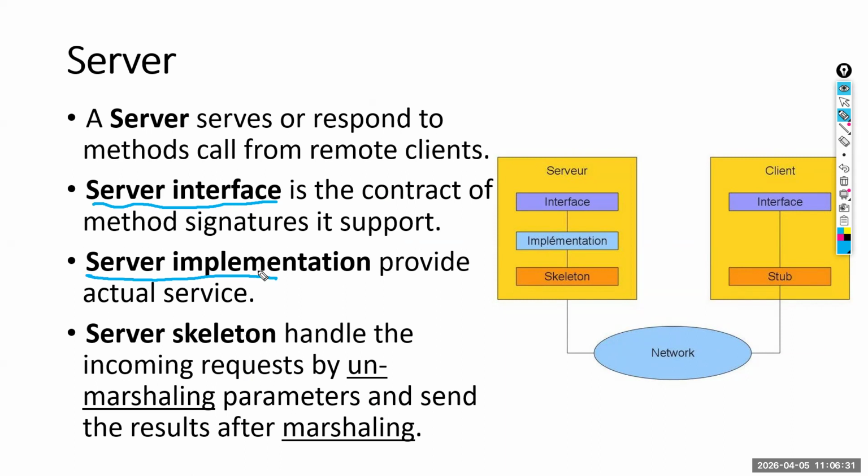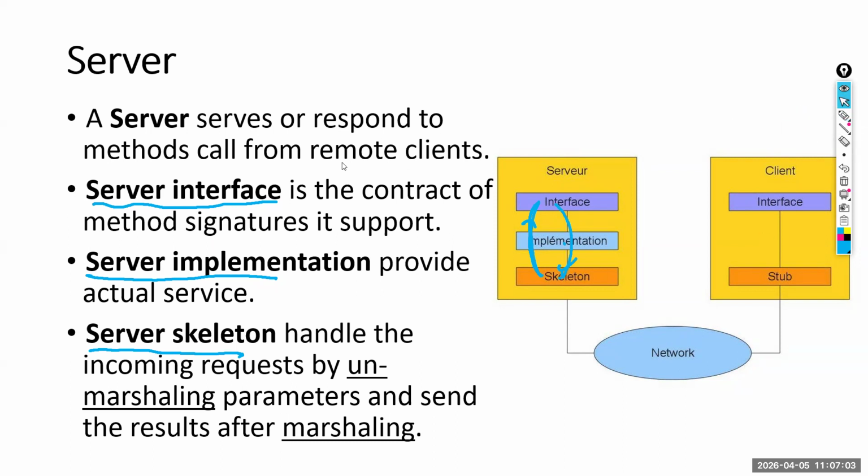If you are saying I have this service, then if someone calls, you must give the response. Then you need to have the server skeleton so that your skeleton calls the server, and the server gives the response to the skeleton. So therefore, you must have the server interface, server implementation, and the skeleton, on the server side. Okay.